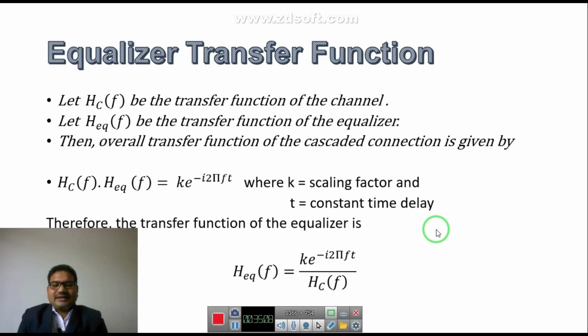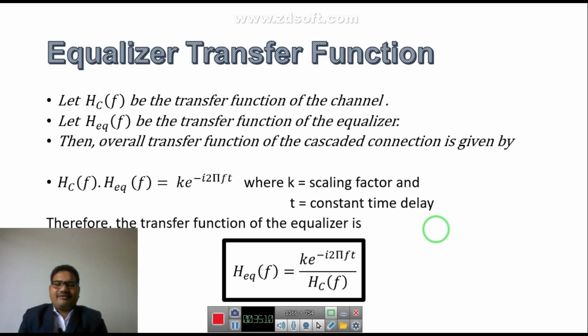So the transfer function of the equalizer is Heq of f equal to k into e raised to minus j 2 pi f t upon Hc of f.